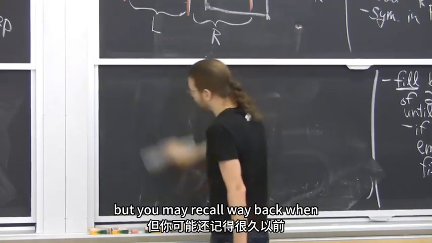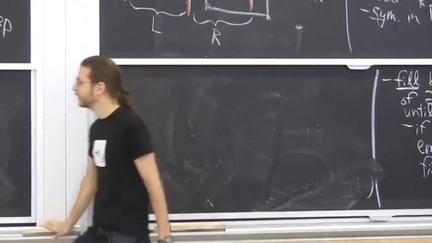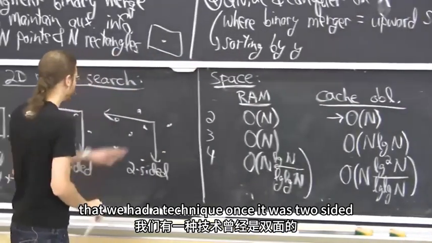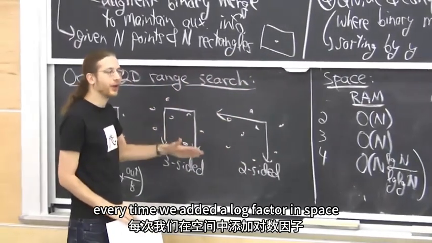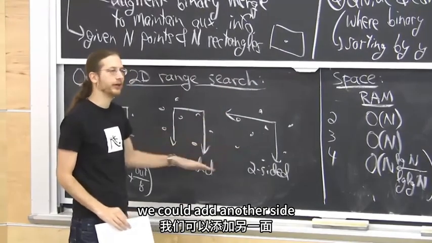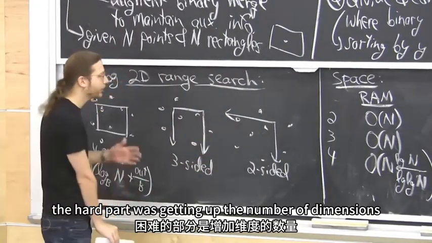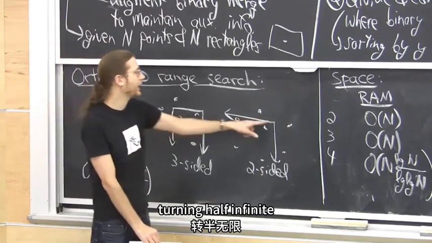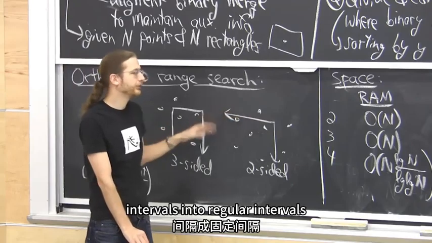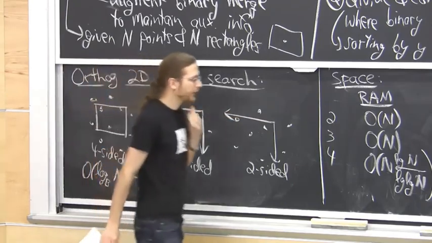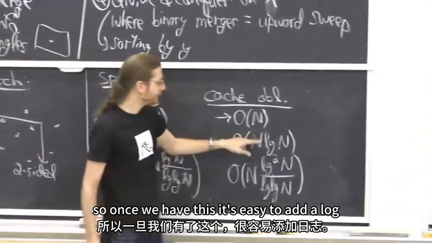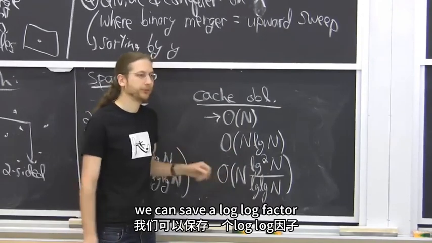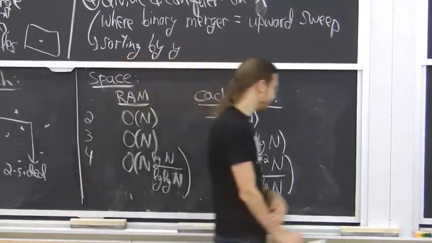You may recall way back at lecture 6 or so, that we had a technique: once it was two-sided, every time we added a log factor in space, we could add another side. The hard part was getting up the number of dimensions. The easy part was turning half-infinite intervals into regular intervals. Just with a bit of sophistication, we can save a log factor.